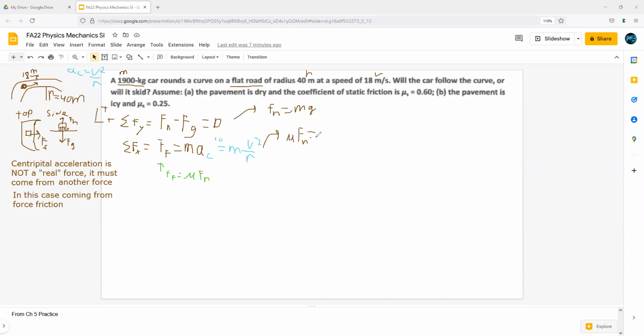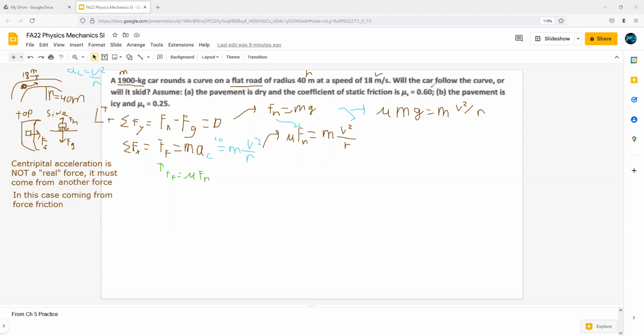F_n is equal to m v squared over r. So then you're going to plug F_n there. And you're kind of combining these two into mu, and then you're going to divide, because you know those N's are going to cancel out.